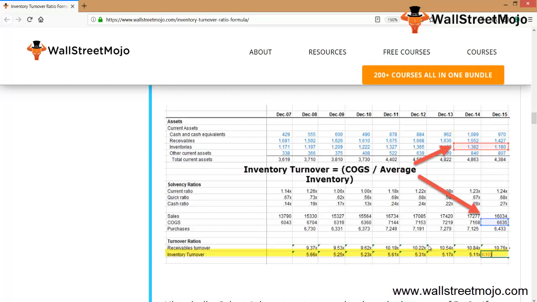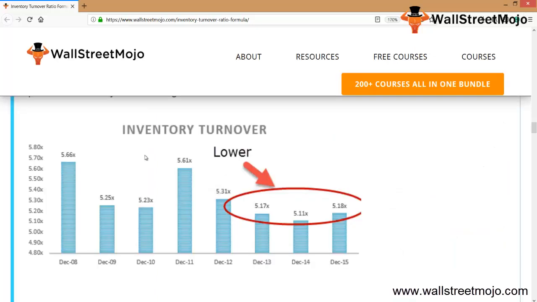Now let me show you the graph of the same. This is the inventory turnover ratio, and there has been a significant decrease in the ratio. You can see 5.17x, 5.11x, 5.18x. That's what we just saw in the balance sheet. We tried and analyzed the ratio. This is just a graphical formation.